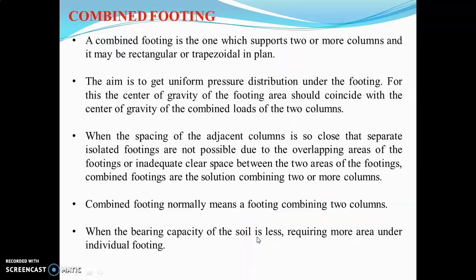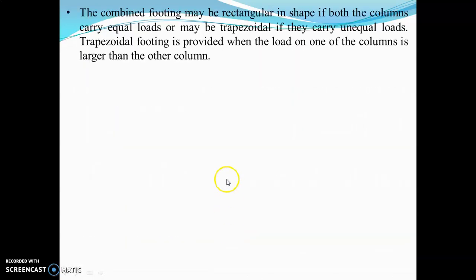When the bearing capacity of the soil is less, requiring more area under individual footing, this method is best suitable. The combined footing may be rectangular in shape if both the columns carry equal loads, or may be trapezoidal if they carry unequal loads.